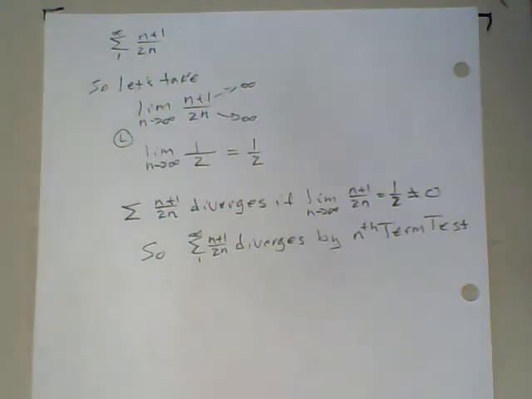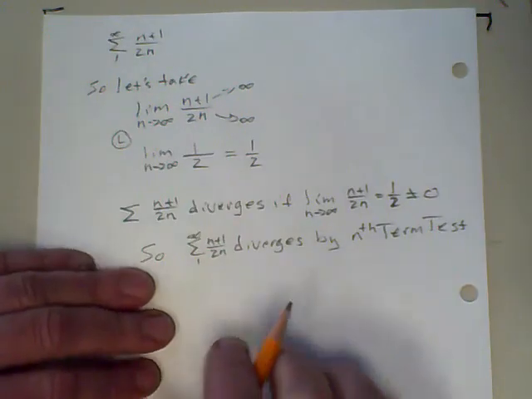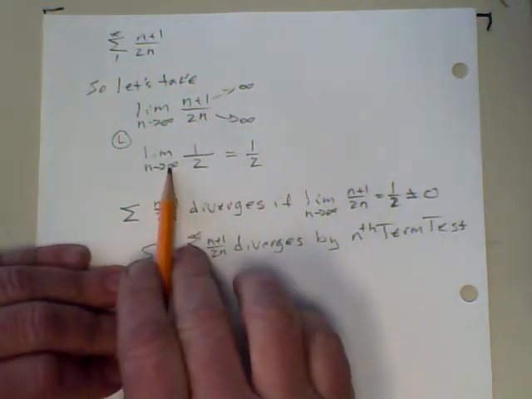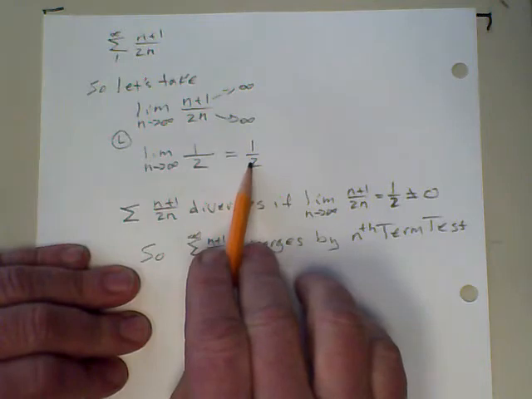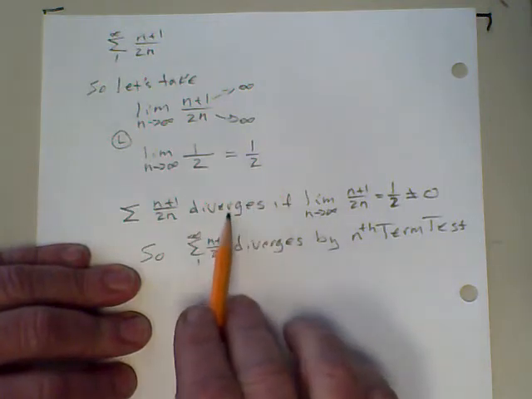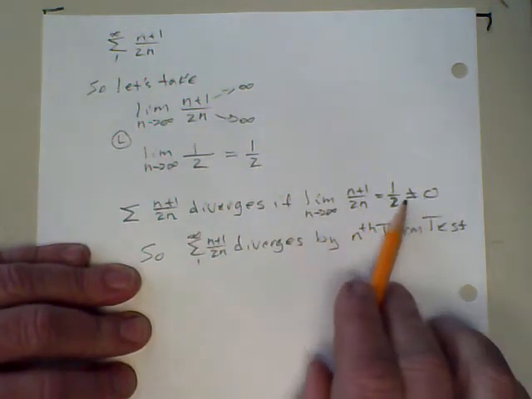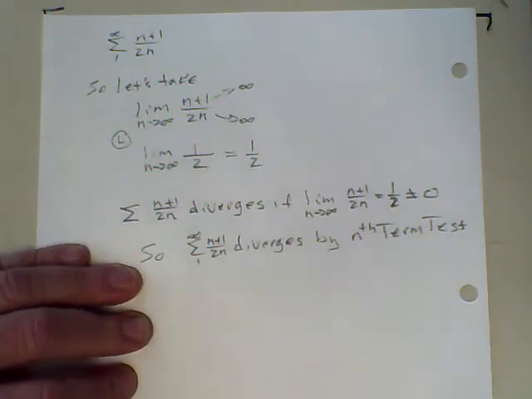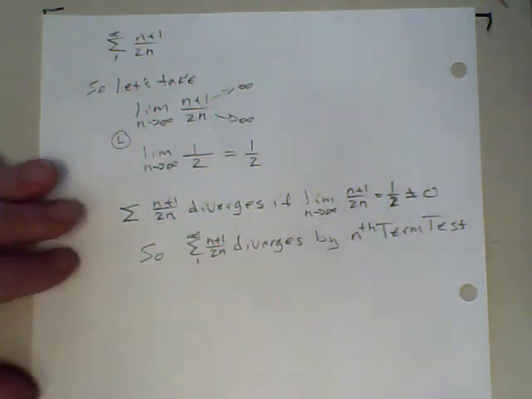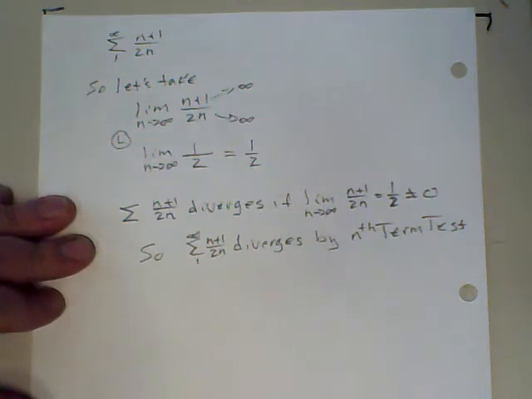So this is an example. What we found is that because that term does not go to 0, it diverges. That's what our nth term test tells us to check.